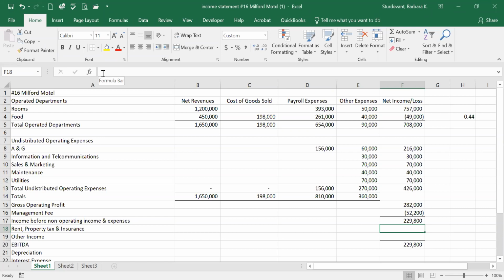Okay, and interest expense. So I have rent of 10, right? And we have property taxes of 40.